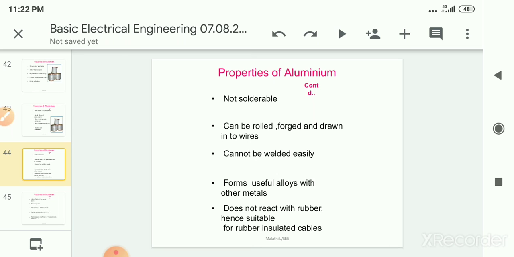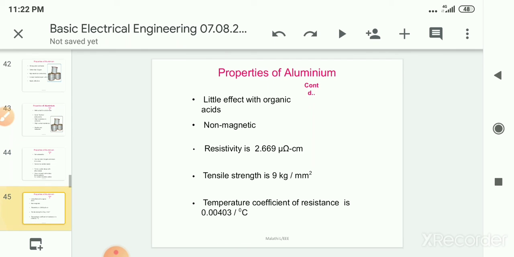It can be rolled, forged and drawn into wires, but it cannot be welded easily. In some cases aluminium is very useful, because it does not react with rubber, hence it is suitable for rubber insulated cables.